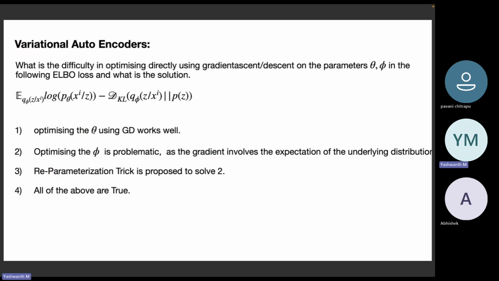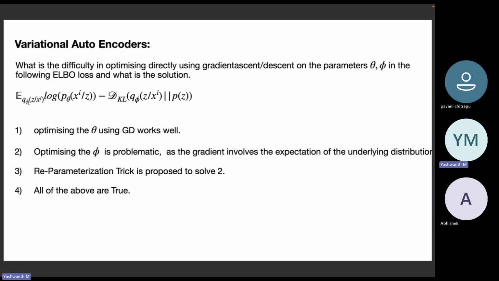Optimizing the parameter theta using gradient descent works well. This is in fact true because we can directly take the gradients with respect to theta under the expectation. The second option is that optimizing phi is problematic as the gradient involves the expectation of the underlying distribution. If we want to compute the gradient with respect to phi, we cannot take the gradient inside the expectation because the expectation itself depends on phi.